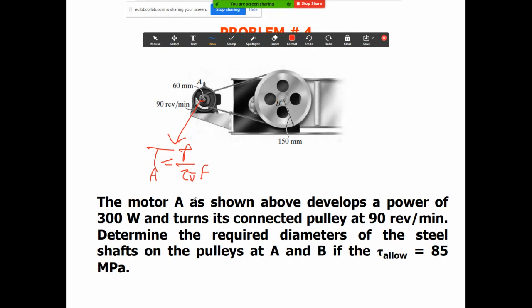So I can design the shaft here if I know the allowable tau, as we did before. Fantastic. So the shaft here, I can find the diameter easily. But he asked me here to determine the required diameter of the steel shafts at the pulleys at A and B.